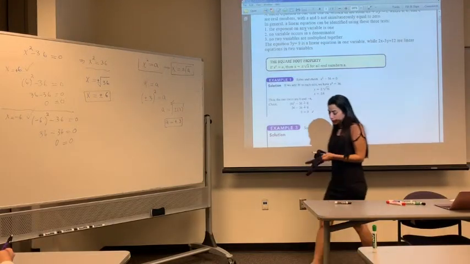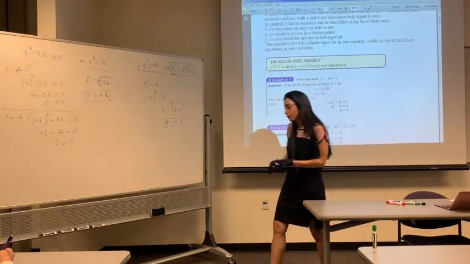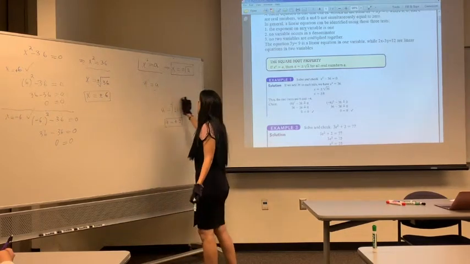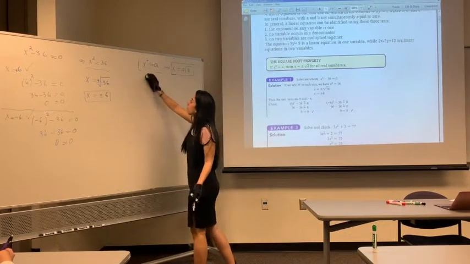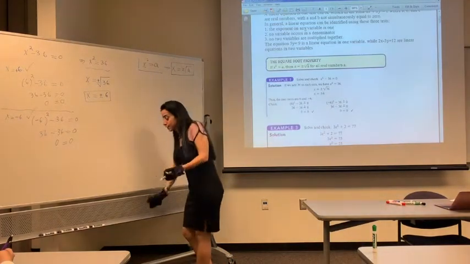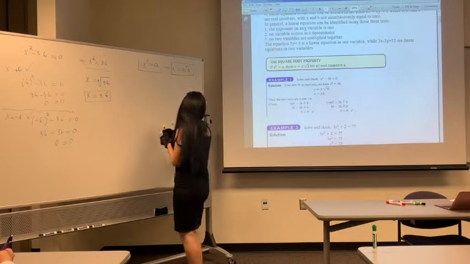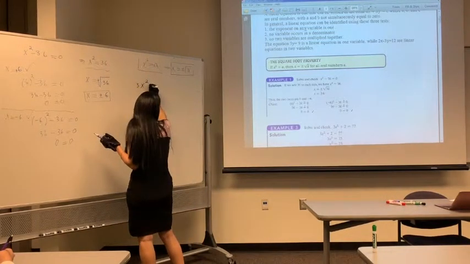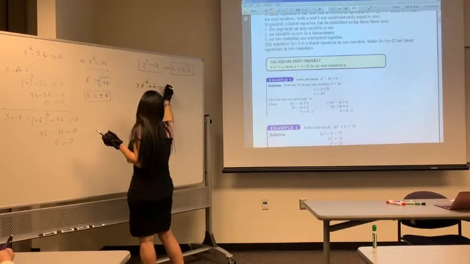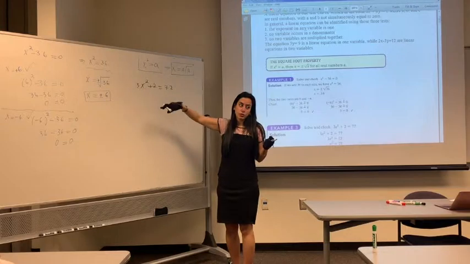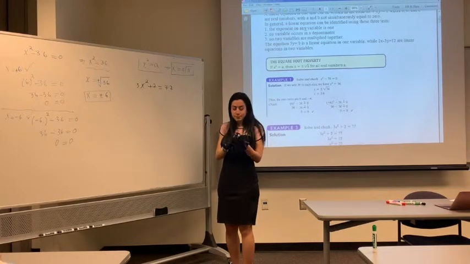The other example has some more numbers. In order to use this property, we have to isolate x squared on one side. For example, if we have 3x squared plus 2 equals 77, the first thing we should do is isolate x squared on one side, right?